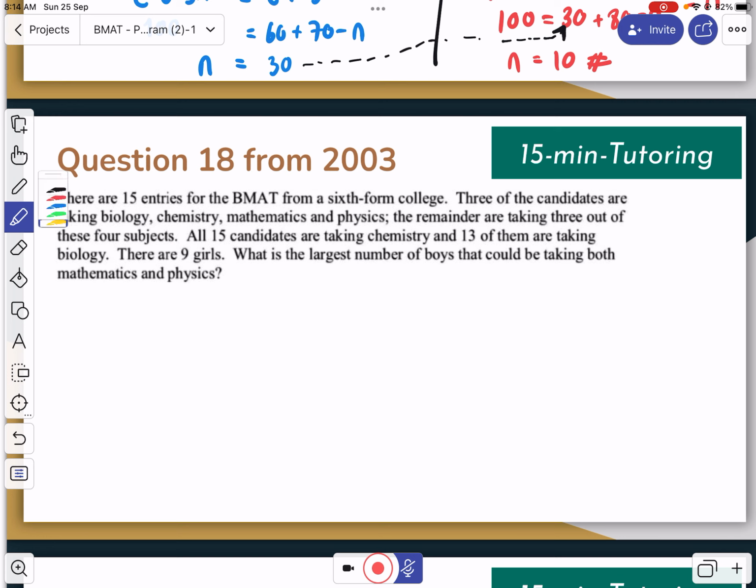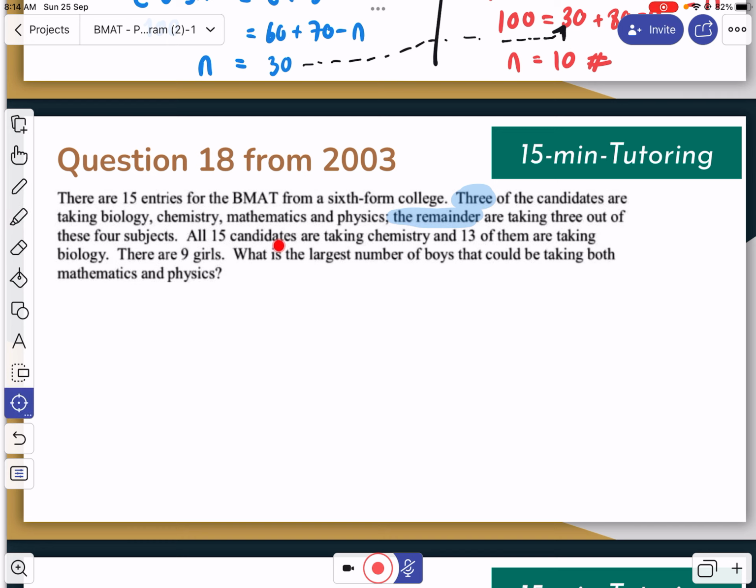Okay, so when they talk about the remainder, we have 15 in total, and 3 students take all the subjects. The remainder will be 15 minus 3, 12 people. Now let's continue.